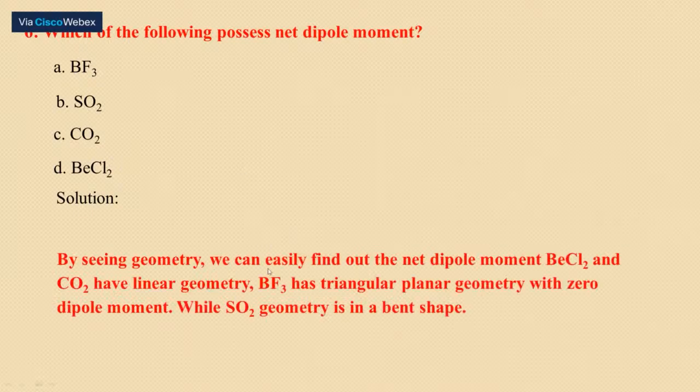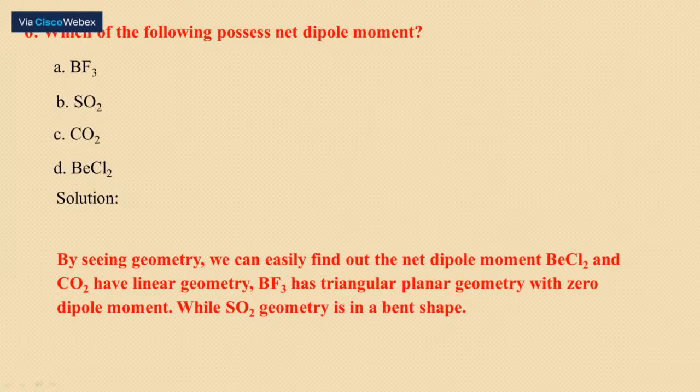By seeing geometry, we can easily find out the net dipole moment. BeCl2 and CO2 have linear geometry. You just recall and imagine what the structures of these molecules are. BeCl2 is having a linear structure, and carbon dioxide is also having a linear structure.